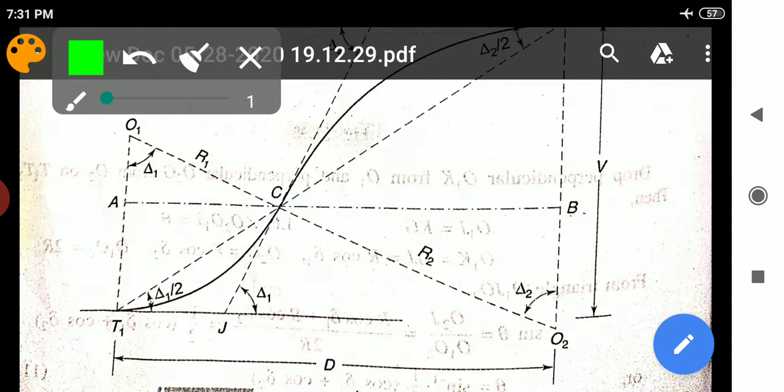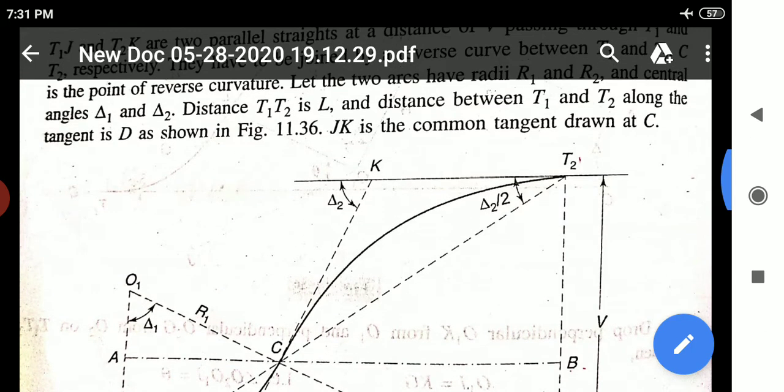Okay, and also here it is delta 2, and see here, in these cases CKT2 is delta 2 and CT2B is delta 2, and half of this angle is delta 2 by 2. Okay, K2 is a parallel straight.